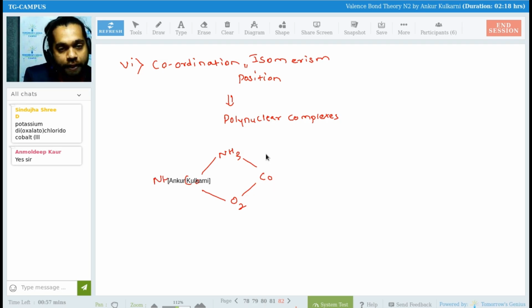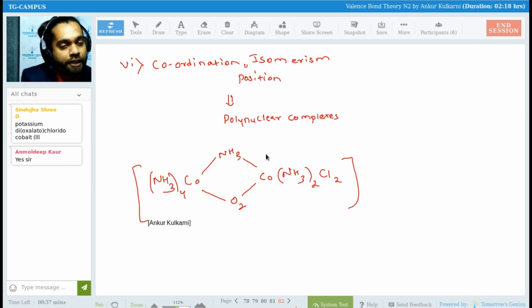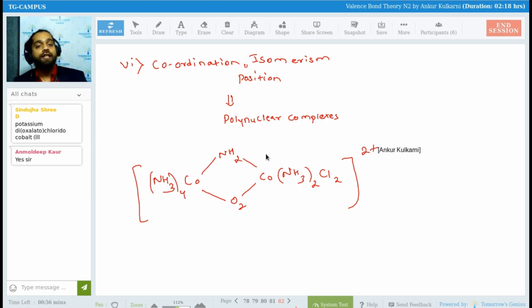Let us say I have 4 ammonia over here, and I have 2 ammonia and 2 Cl over here. This may not be there in your textbook. This is from the reference book, but you should know this. Not NH3 over here, it should be NH2, 2 bonds it is making. So this is your polynuclear complex.